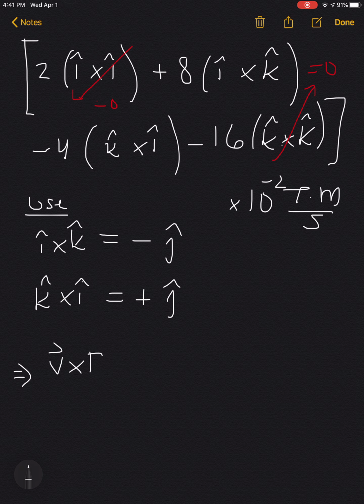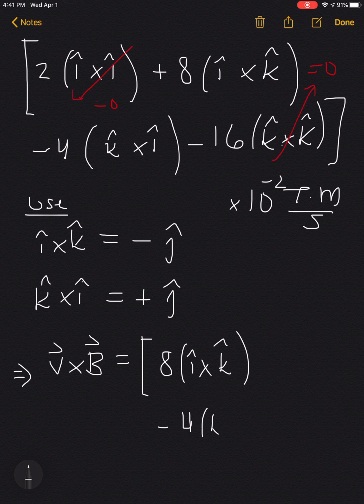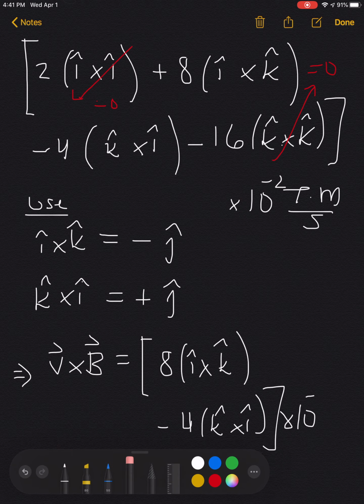V cross B is going to be equal to 8 I cross K minus 4K cross I, and this is times 10 to the, I guess, not to the minus 2, which is what I wrote before.